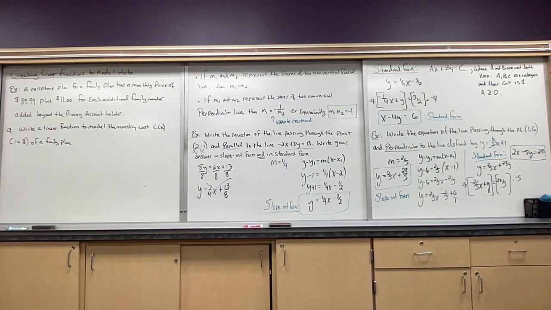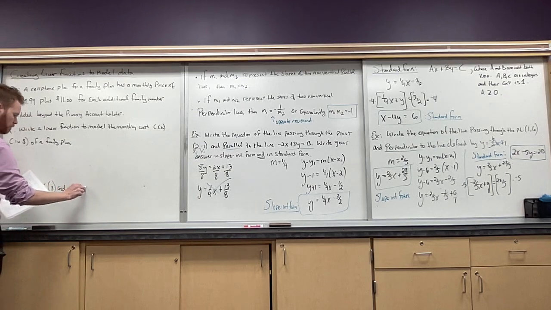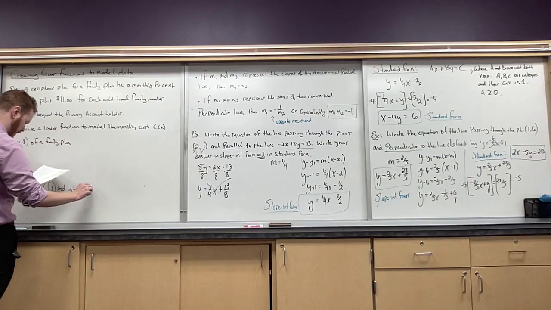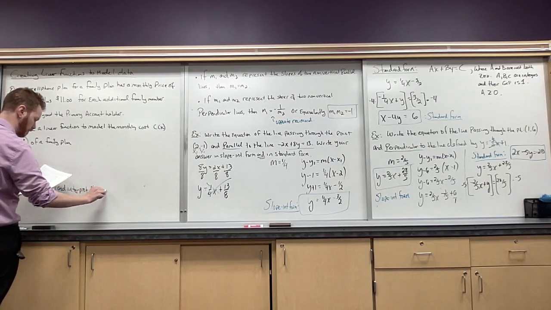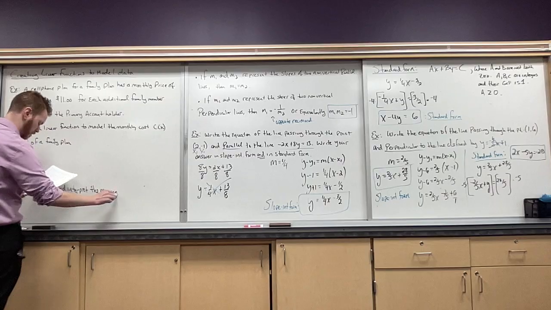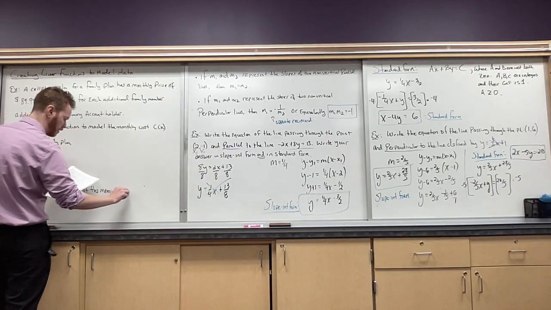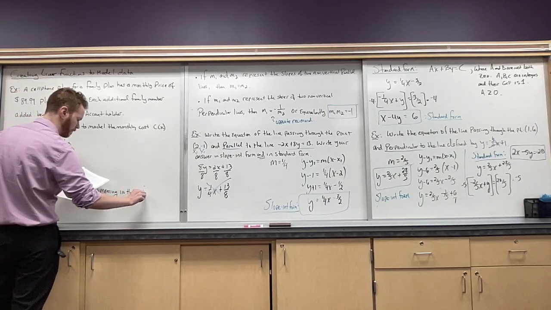Okay, so that's part A. And then part B, we're going to use what we find. So we're going to evaluate C of 3, and the most important thing, interpret the meaning in the context of this problem.